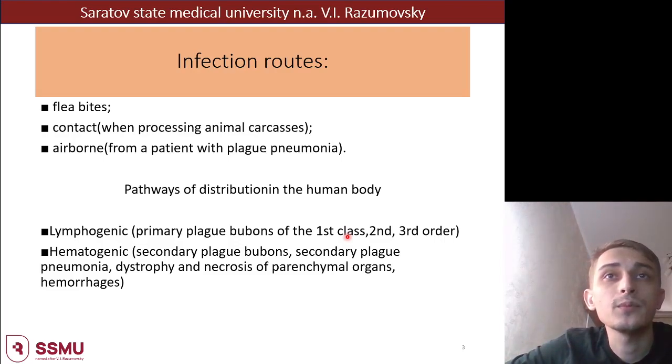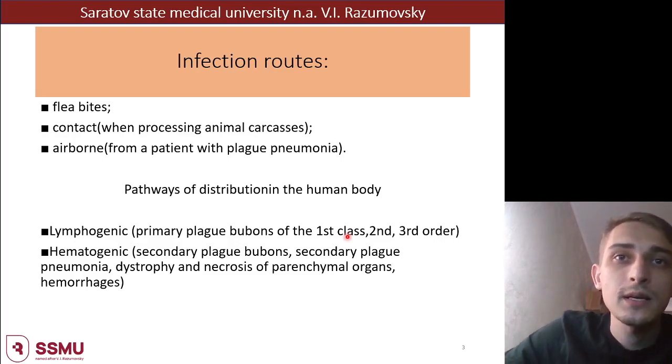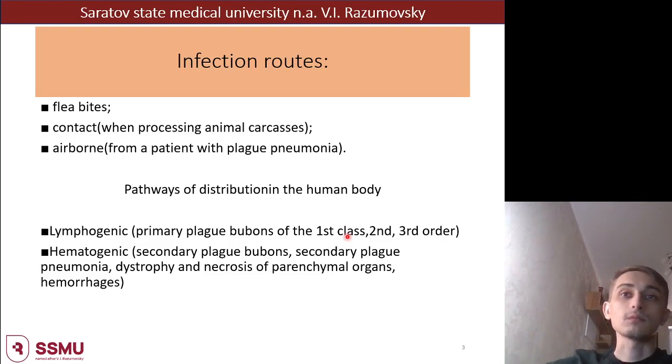And airborne type of transmission leads to a really difficult epidemic situation because it leads to the fastest way of transmission of plague, and it leads to fast death in the patient, because the airborne way of transmission is associated with development of pneumonia, and a really difficult pneumonia, which leads to insufficiency of breathing, and leads to the really fast death of the patient.